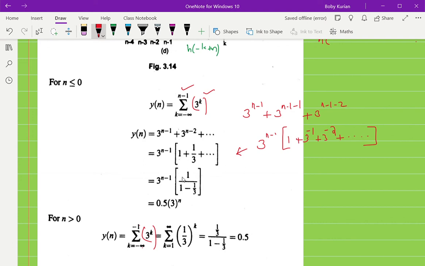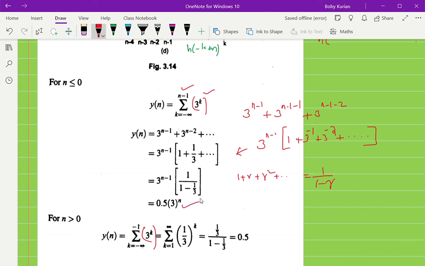So this is in fact a summation of the form 1 plus r plus r square, etc., up to infinity, which is 1 by 1 minus r. So 1 by 1 minus 1 by 3.